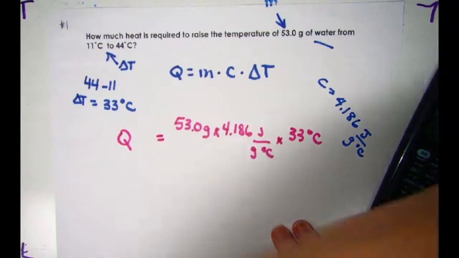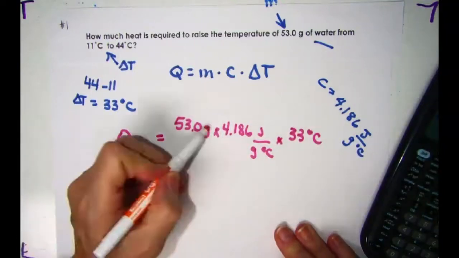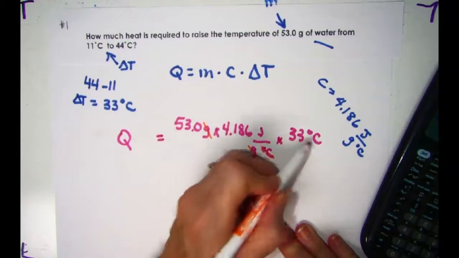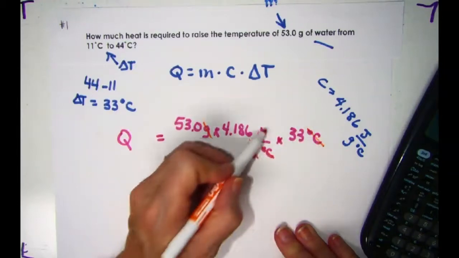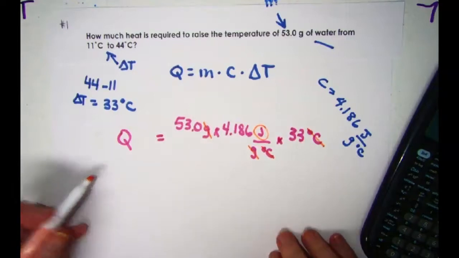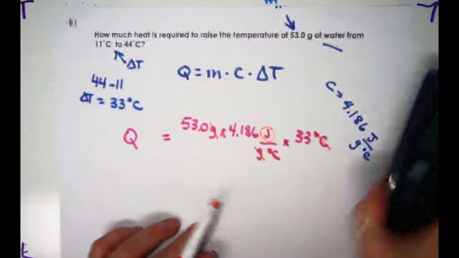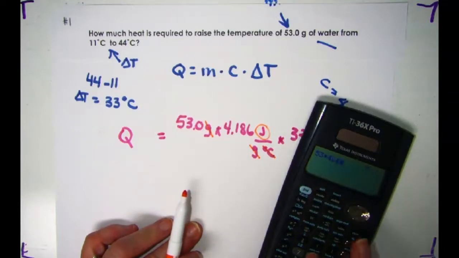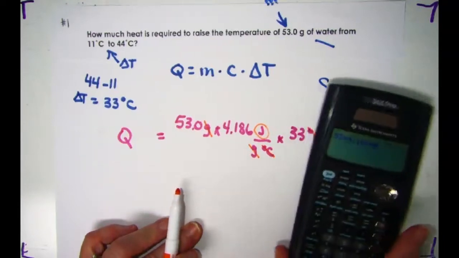All right. The whole point about this is, look, grams on the top and on the bottom, it cancels. C is on the top and on the bottom. The only thing you have left is joules, which is the energy. All right. And when you take 53, let's just run this through the calculator. 53 times 4.186 times 33.